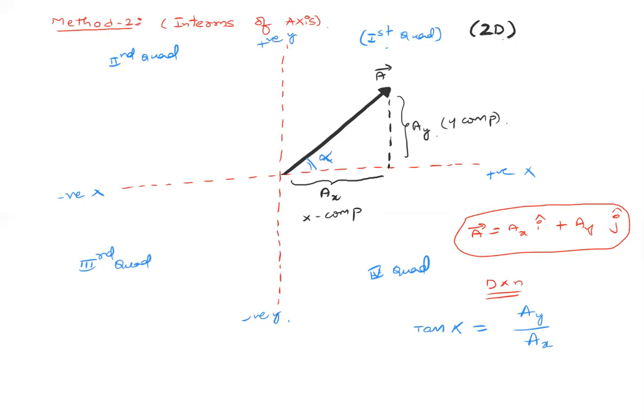So tan alpha is ay by ax, where the opposite side is ay and the adjacent side is ax. Alpha is tan inverse ay by ax. For a 2D vector, this gives the angle with the positive x-axis. This is your method 2, in terms of axis. This is for 2D.